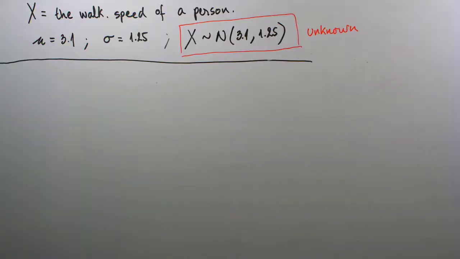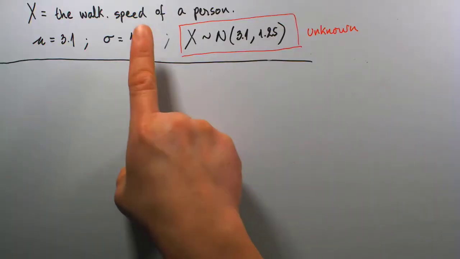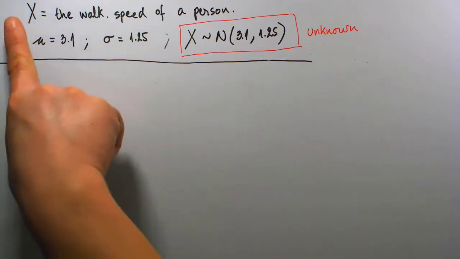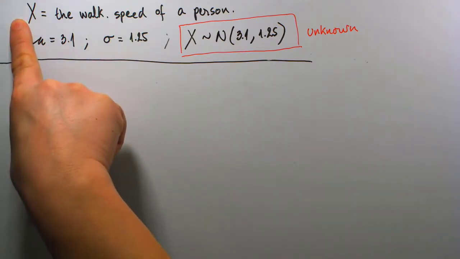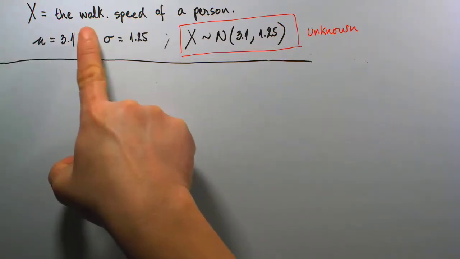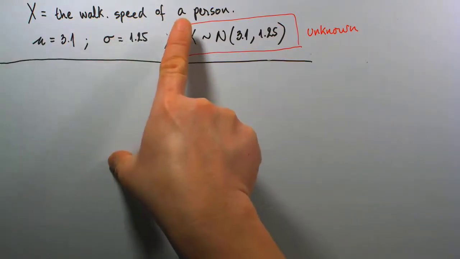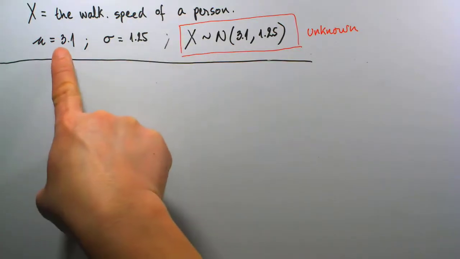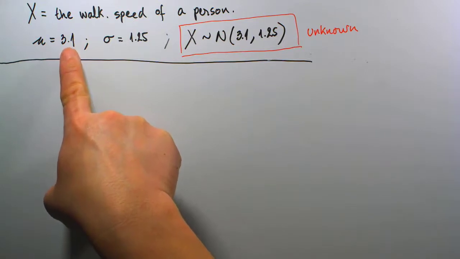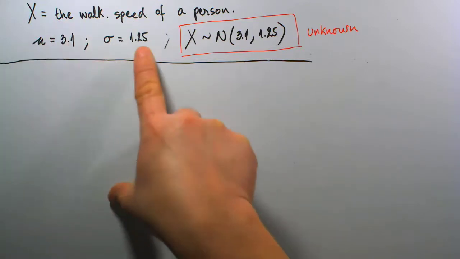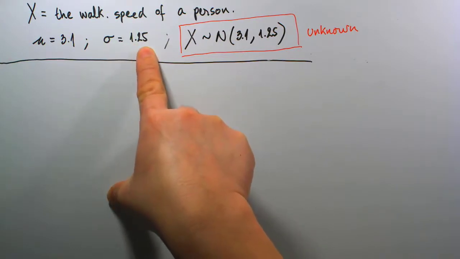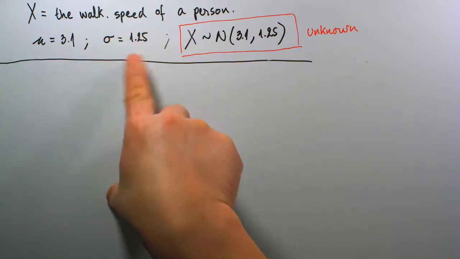And so quickly on the writing board here, I still retain all of that information. From what we already knew from part A, this population representing the walking speed of any individual person had a known mu, a known population mean, and that's acting as the center of this data. And we had a known standard deviation, sigma equals 1.25 here, and this is the average spread.